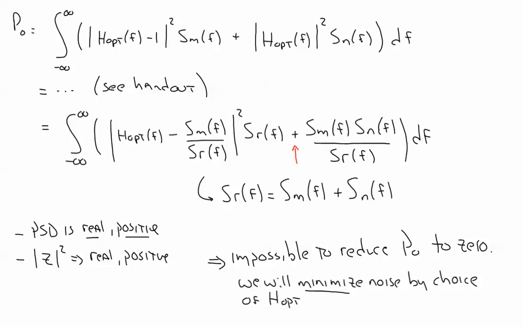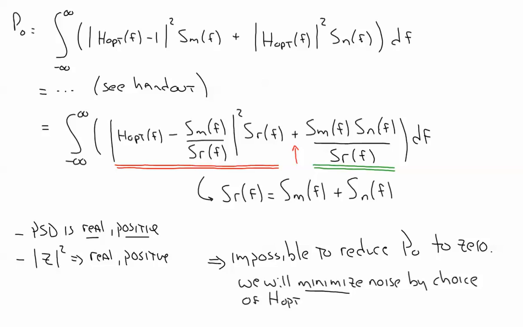So how do we do that? Well, notice that the first part of my integrand is the only one that depends on my optimum filter characteristic. The second part of my integrand is this piece. The second part of my integrand is independent of my optimum filter. So that term has got to remain.